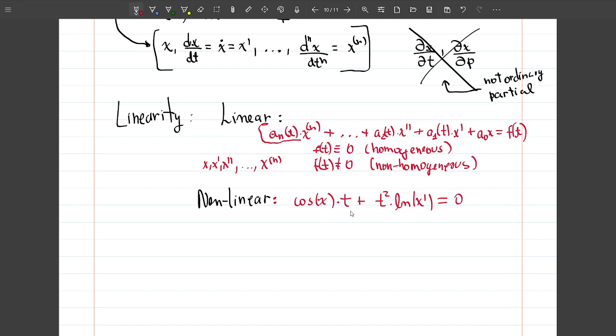This is nonlinear because the function x appears inside a cosine and the derivative inside a natural logarithm.